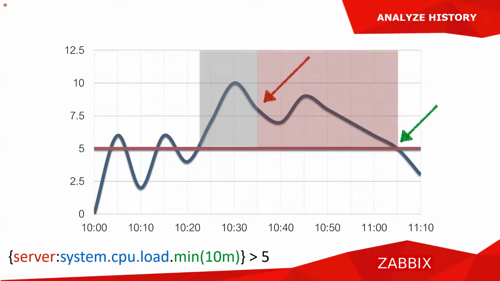And then we can see Zabbix will calculate what it is receiving, and if it sees that over approximately 10 minutes the minimum value for some specific metric, in this case the CPU load, is about 5, the trigger will fire only after those 10 minutes pass and report a value about 5, and it will be resolved only at the point where the minimal value for 10 minutes will be below 5.